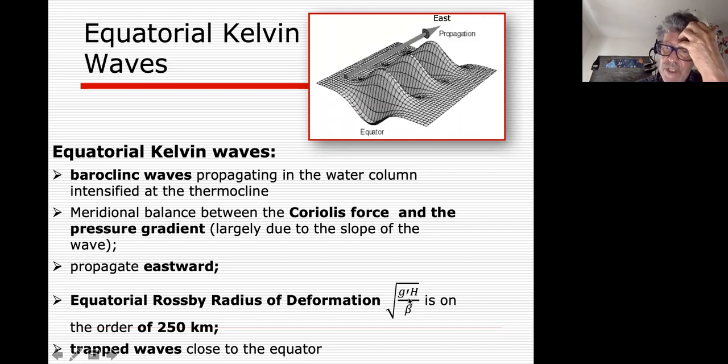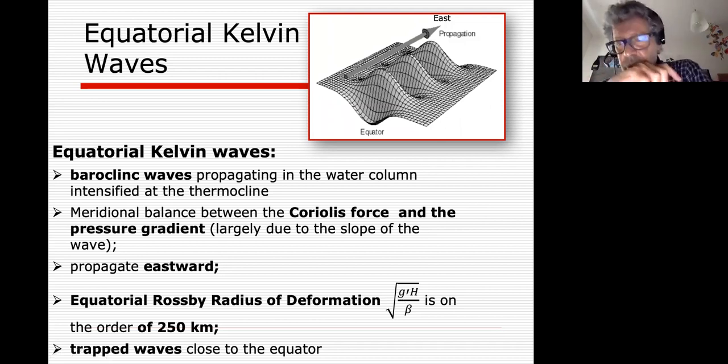As I told you, what is forcing it is the reduced gravity, which is the gravity acceleration modulated by the difference of density between the two layers, the upper layer and the lower layer, that creates the interface, the thermocline, for example, in which the wave propagates, and h is the depth of this layer.